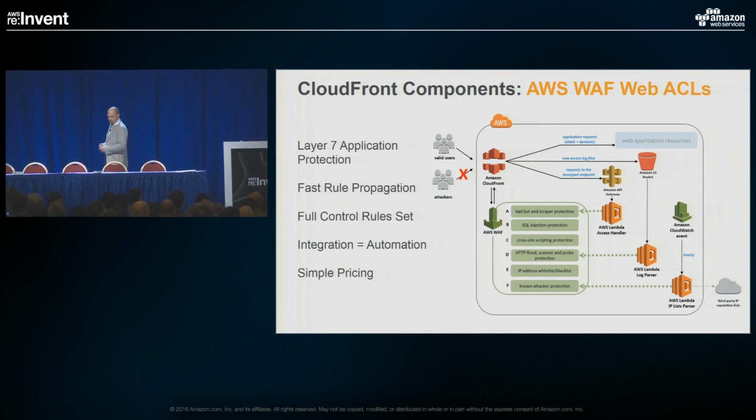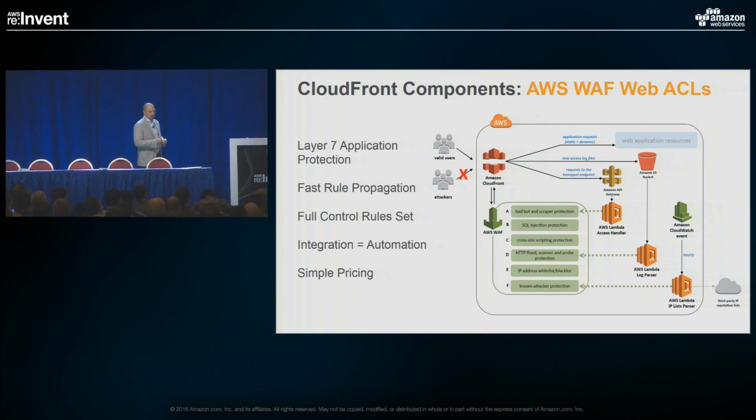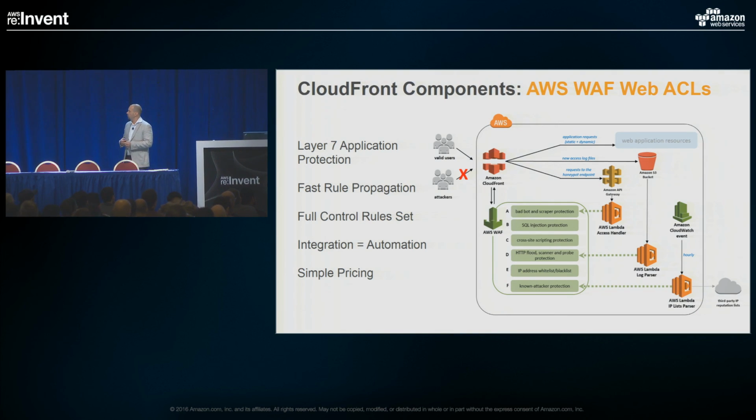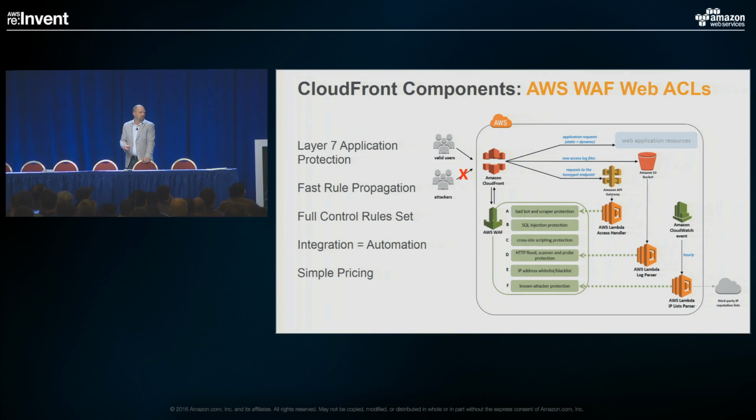So more along the lines of security, because it's such an integral part of CloudFront, the AWS WAF definitely needs to be mentioned. And what this does, if you're not already aware of it, it's a layer 7 application protection that is built into each of our CloudFront edge locations worldwide. There's fast rule propagation. You're in full control of how the WAF operates, and you can set this up on a per distribution basis, set up an AWS web ACL and rules and different conditions that may be met.